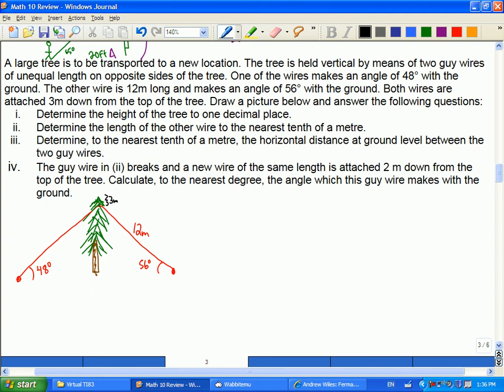In fact, here there are 2 triangles that you want to work with. The height of the triangle is this piece here. This is the hypotenuse, and this is the opposite. So again, I have a sine question to work on.